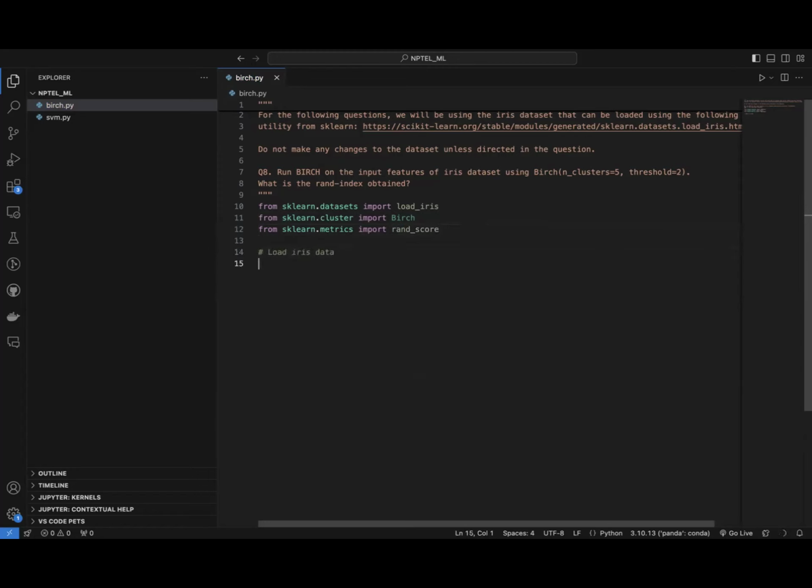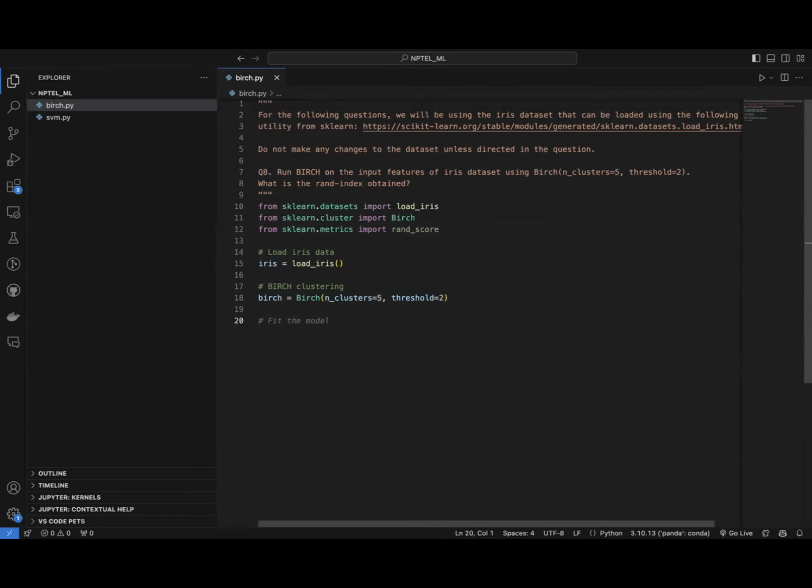You have to load the iris data using the load_iris function. Then you have to define the Birch clustering, where the number of clusters is 5 and the threshold is 2, and you can easily define that. Then you have to find the features and the labels.